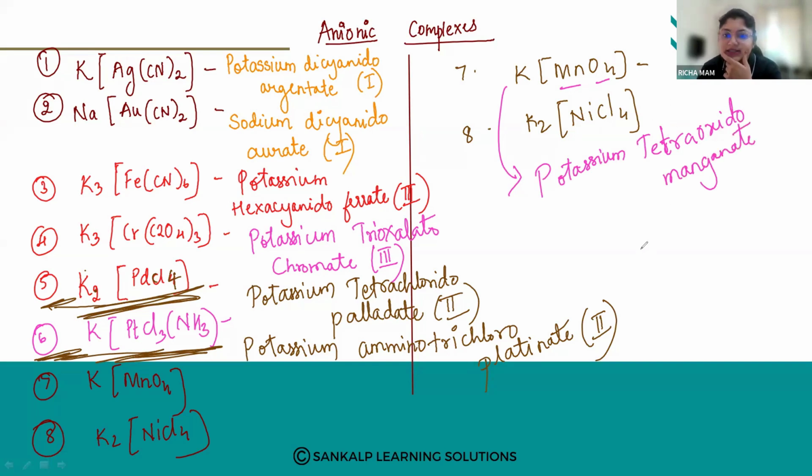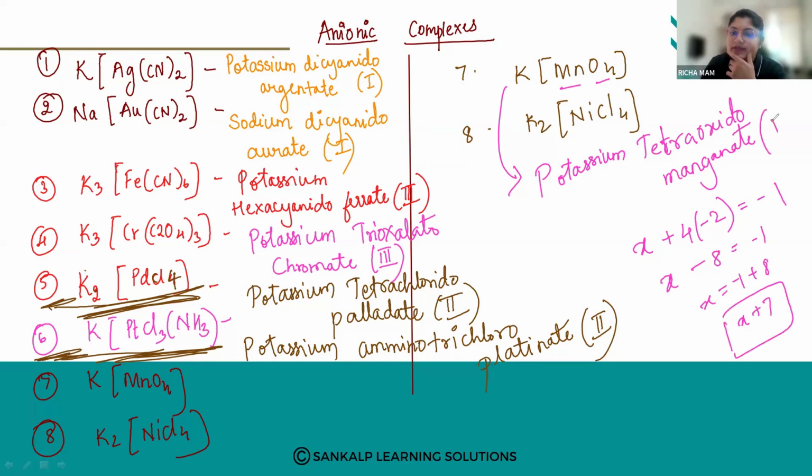What is the charge? Let us see. Mn, x plus 4 into minus 2 equals minus 1. Because potassium is 1, if you remove potassium, the charge is minus 1. So x minus 8 equals minus 1. x equals minus 1 plus 8, so x equals plus 7.